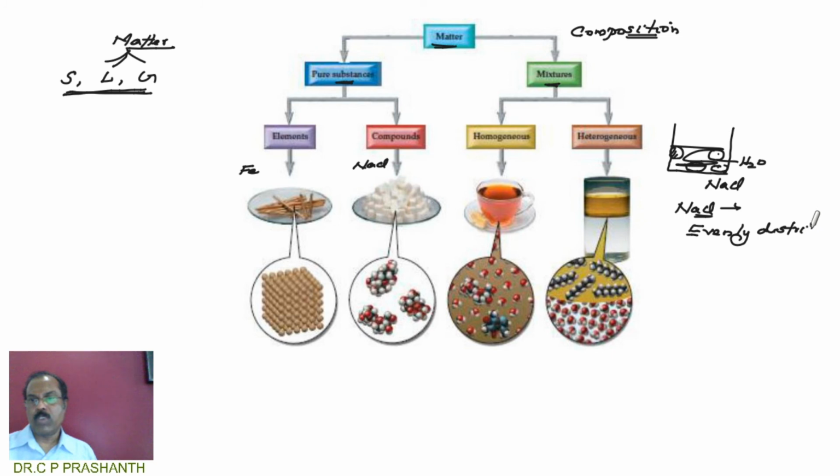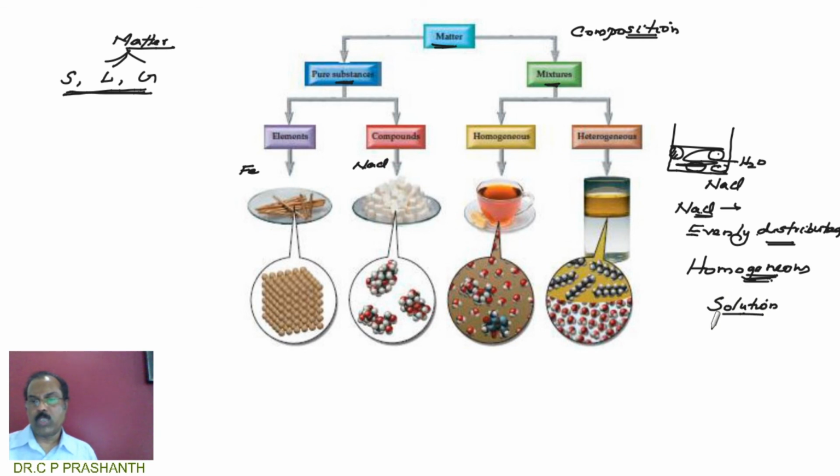Every part of the solution has the same amount of sodium chloride and water. If that is how this mixture is, we call it a homogeneous mixture. Homogeneous means the composition is the same everywhere.